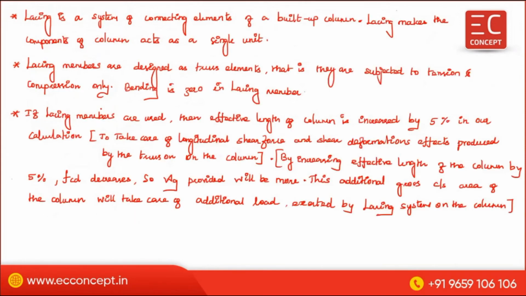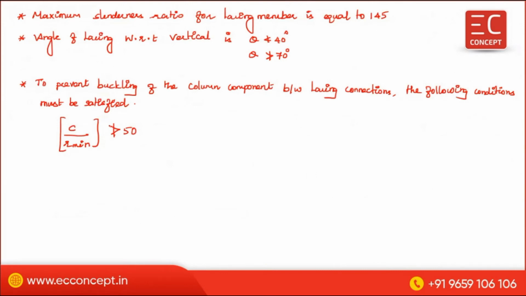This is the component, and it should not be greater than 0.7 lambda, the slenderness ratio of the whole column, where C is equal to spacing of lacings.